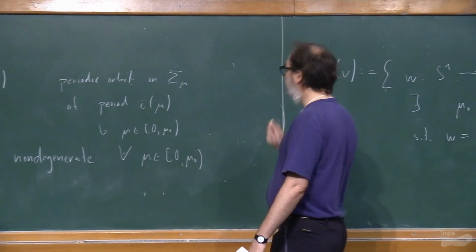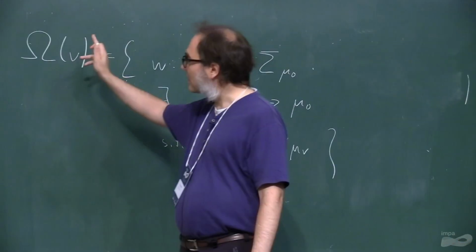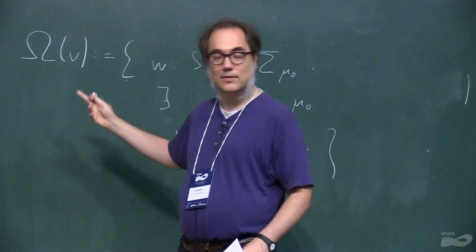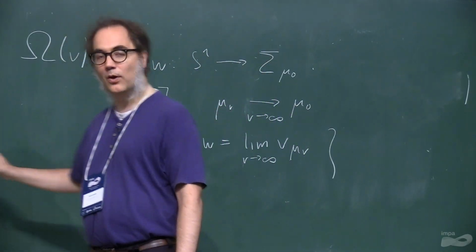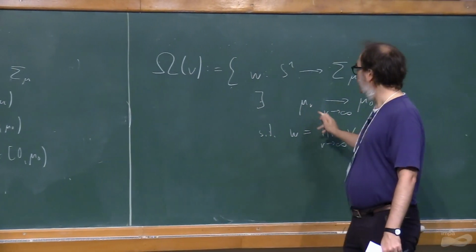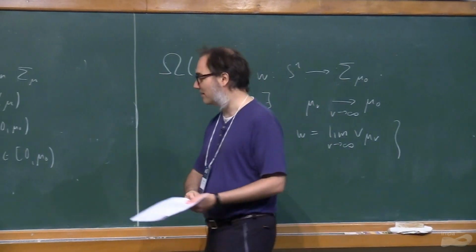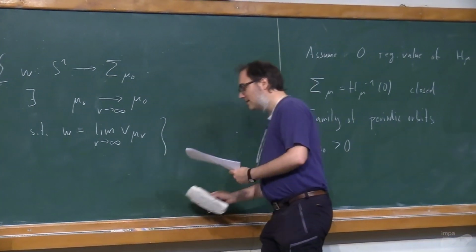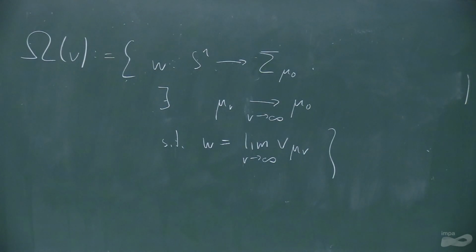And so you can use this fact to show that this is not empty, and you can even do more, because if this period doesn't explode, you can also play with subsequences of subsequences to get some structural result about this omega limit set.